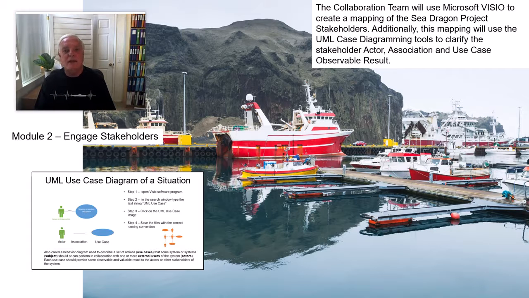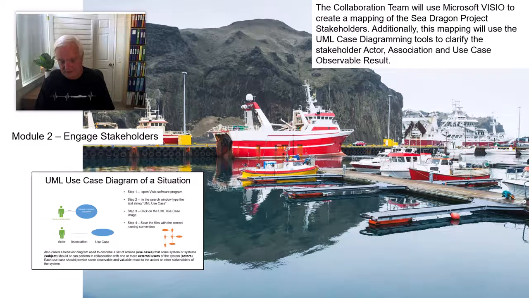It's called a UML use case diagram, and it allows you to create an actor, which is represented by the symbol below me, kind of like a person, and then who they're connected to and what information is associated with it. We're going to lay all of them into this collective case diagram, and then create the connections: how they're connected to each other, what the responsibilities are, and clarify what we refer to as stakeholder action, association, and the use case's observable results.